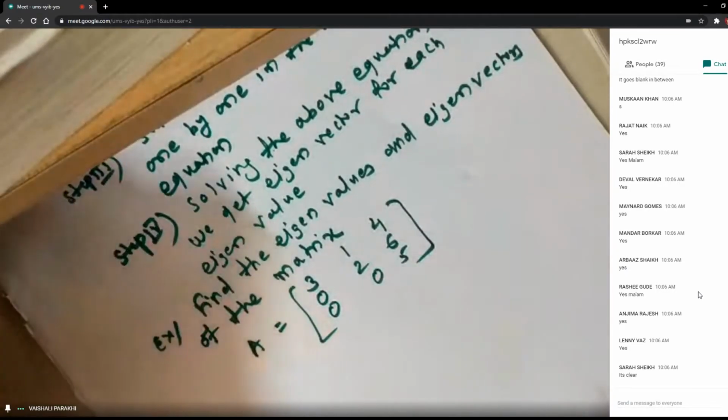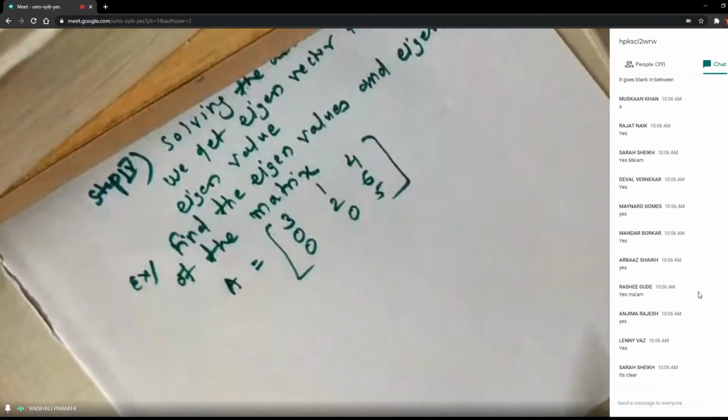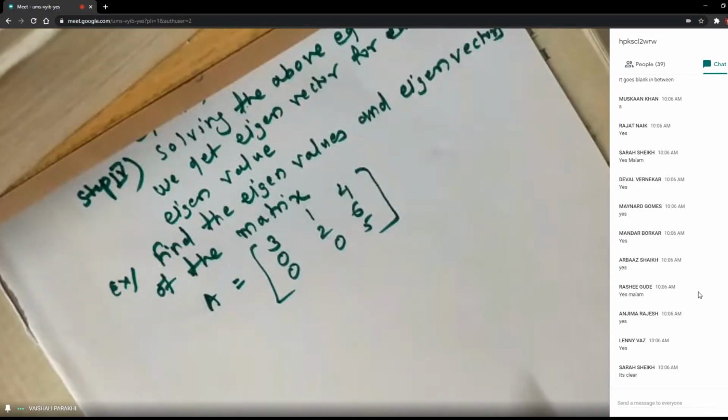I repeat the question. Find the eigenvalues and eigenvectors of the matrix A equal to, the first row is 3, 1, 4, second row is 0, 2, 6, and third row is 0, 0, 5.